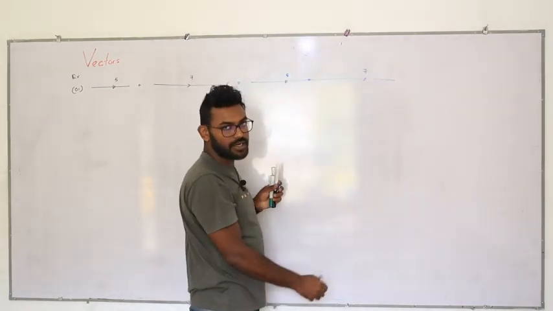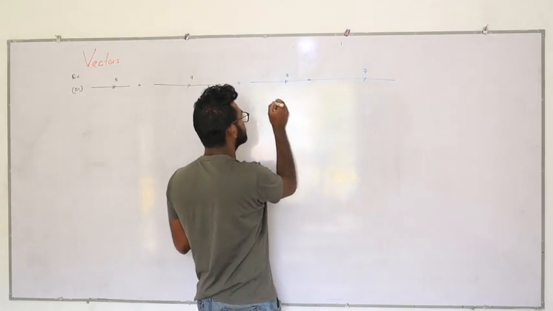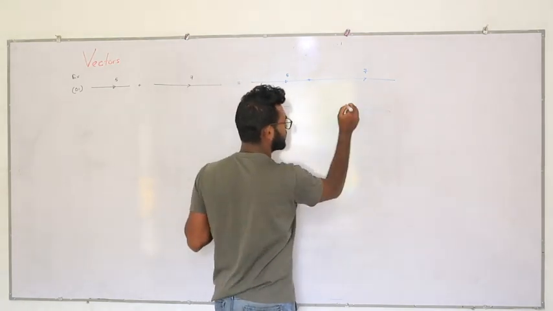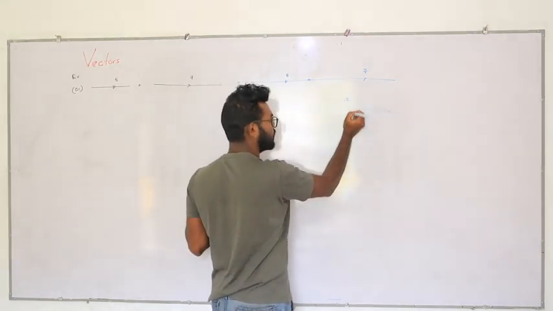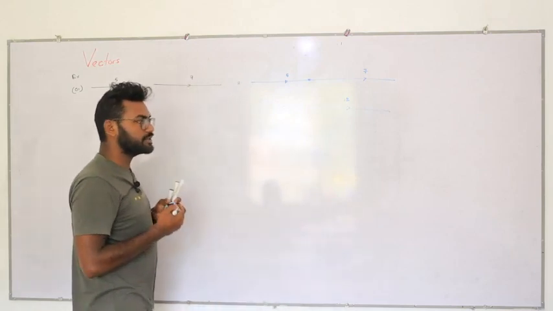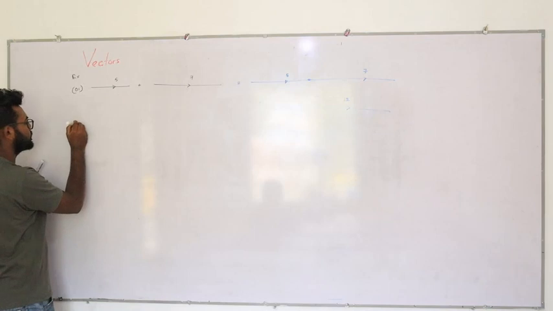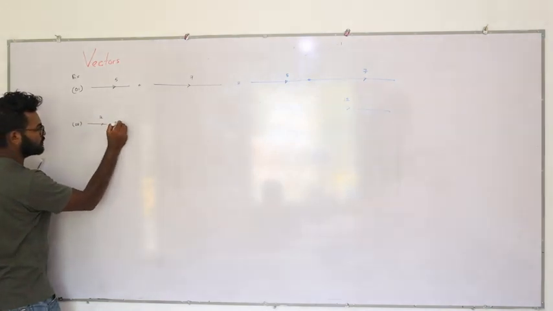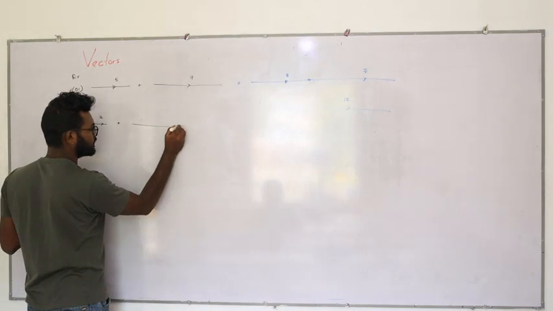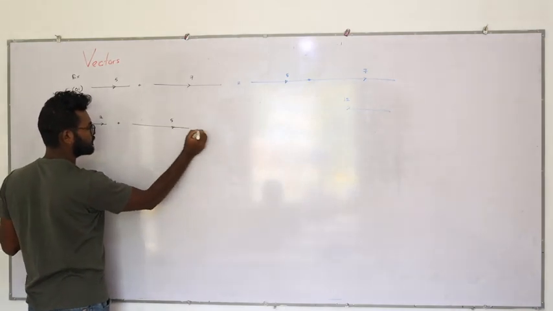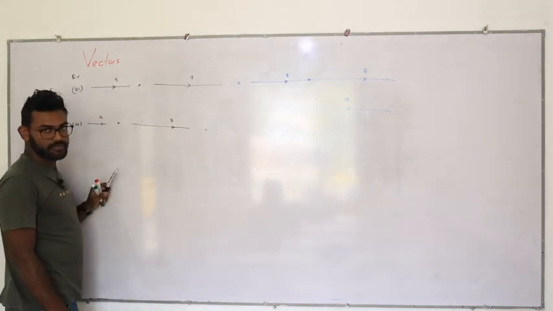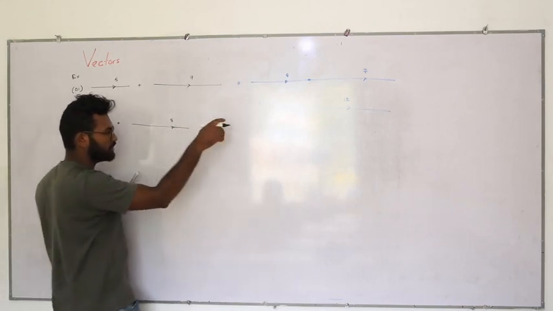Both are in the same direction, so we are getting, to this side, 12. 7 plus 5, that's 12, right? Okay. Another one. We have 2 here, plus we have 5. What's the value? Yeah, it will be 7 to this side.